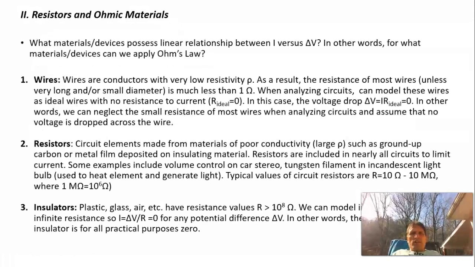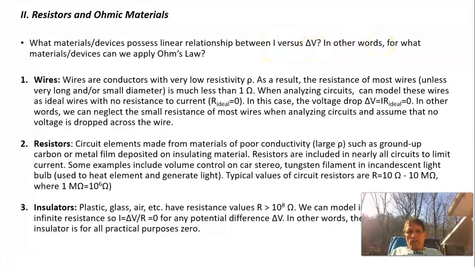So what materials have a linear relationship between the current through them and the potential difference across them? In other words, what devices and materials can we use Ohm's law for? Well, we can use it for wires. Wires have a very low resistivity.